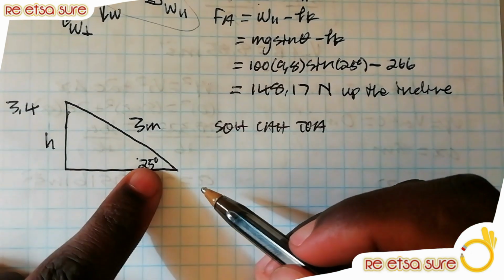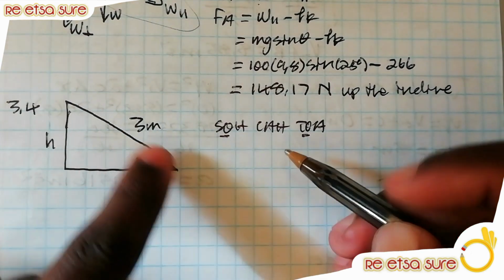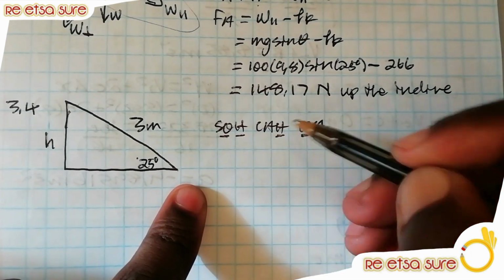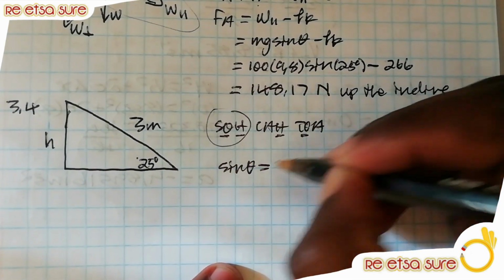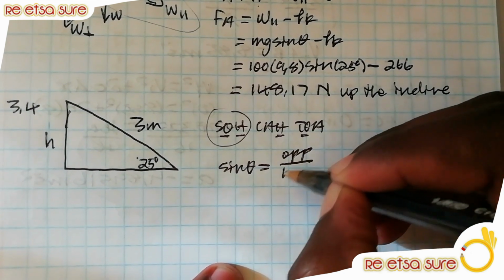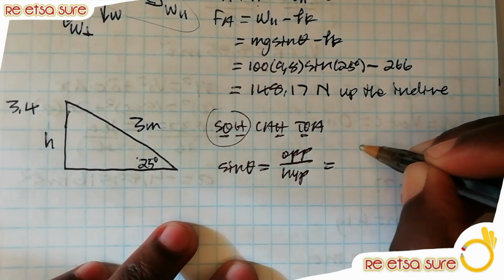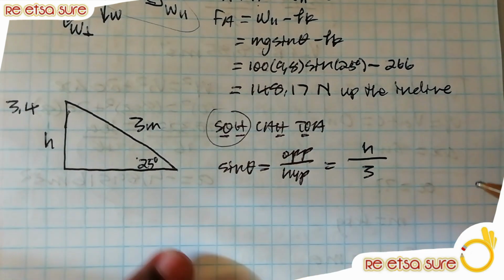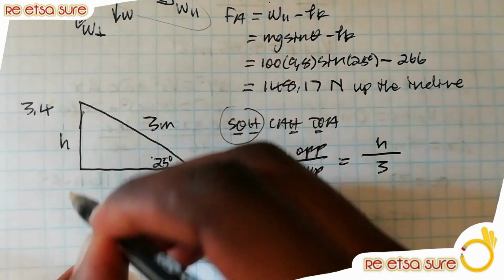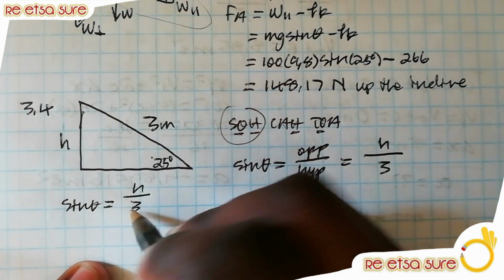Now we are looking for opposite, and we have hypotenuse. So we are going to use sine. Sine theta is equal to opposite over hypotenuse. Our opposite is height, and our hypotenuse is 3 meters. You're going to have sine theta is equal to height over 3.